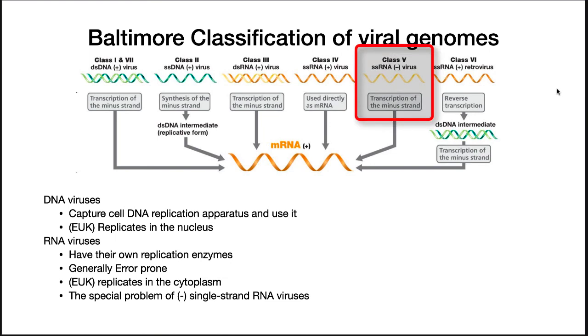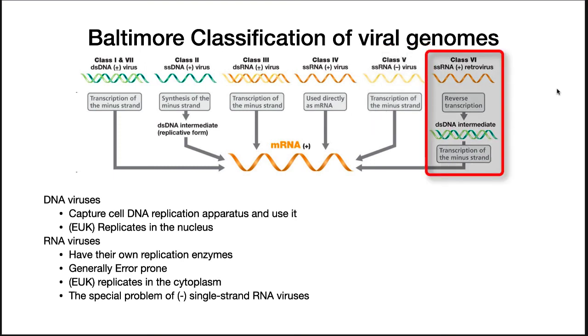Class 5 viruses are negative single-stranded RNA and have a unique problem. They cannot be translated by the ribosome, and there is no host enzyme that will copy them to make a positive strand that could be translated. Thus, to solve this problem, they have to bring along their own replicase enzyme when they infect a cell.